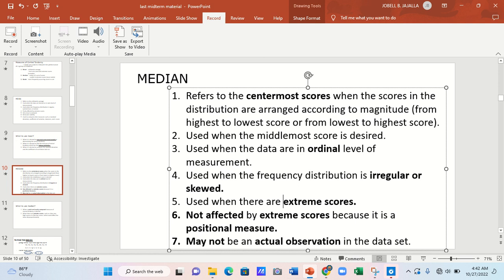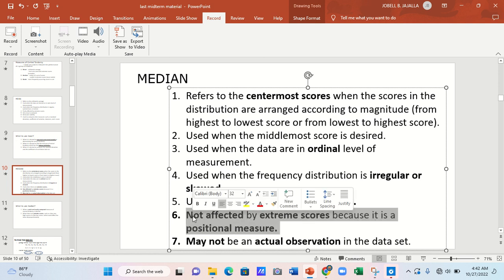Okay? Now for number 6, not affected by extreme scores because it is a positional measure. Alright? So, unlike the mean, it does not need to take into account all the scores in the equation. In the median, no, because not all the scores are needed to compute the median.